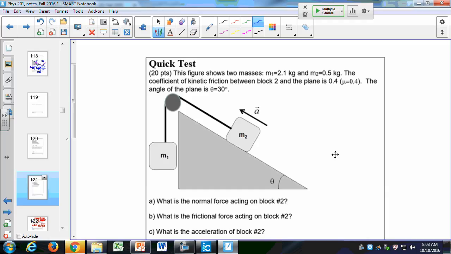And I want to know what is the normal force acting on this block, what is the frictional force acting on this block, and then also what is the acceleration of this block. So I want to know what is the acceleration. I give you the two masses, I give you the coefficient, and I give you the angle. So now I want to know what is the acceleration of this system.